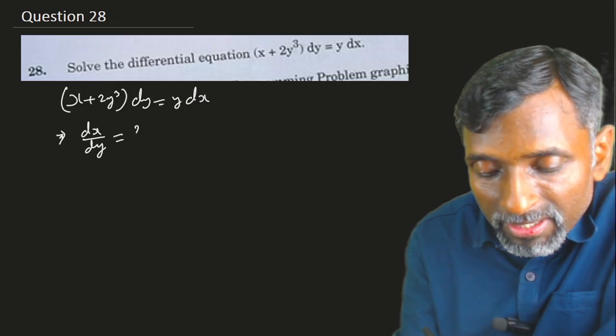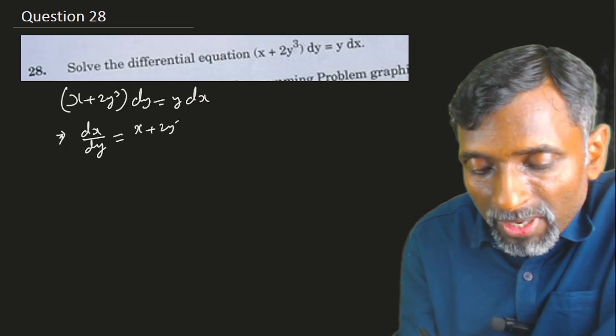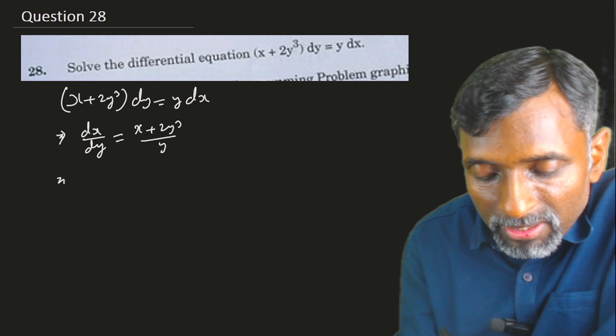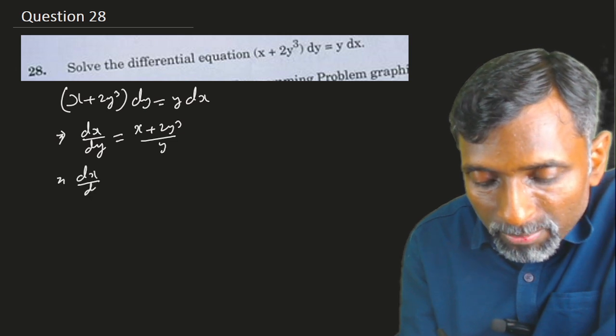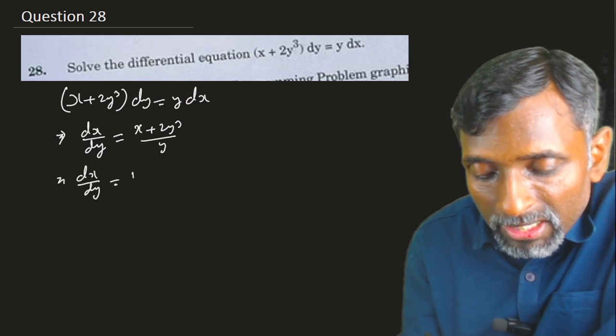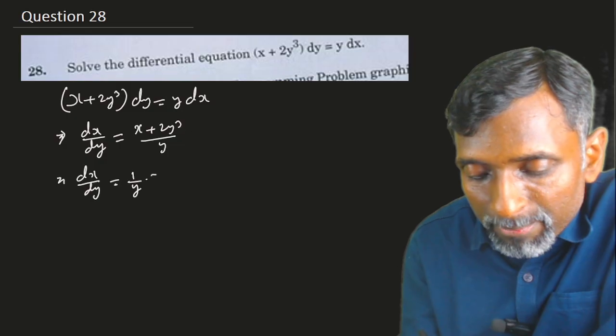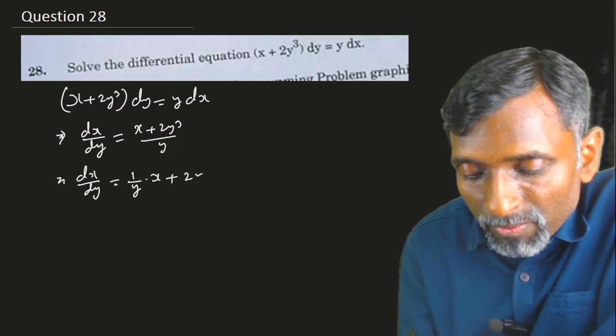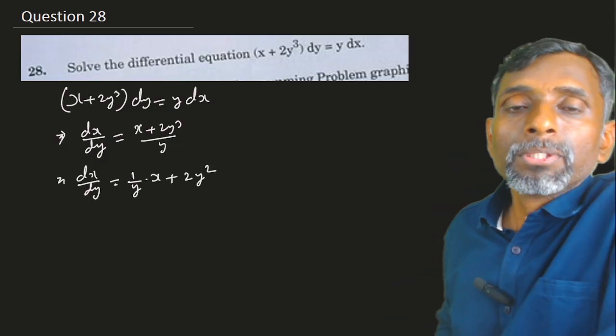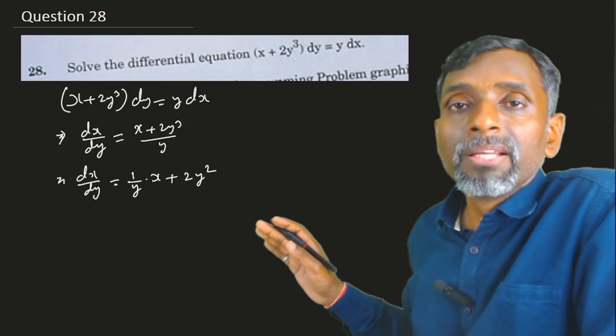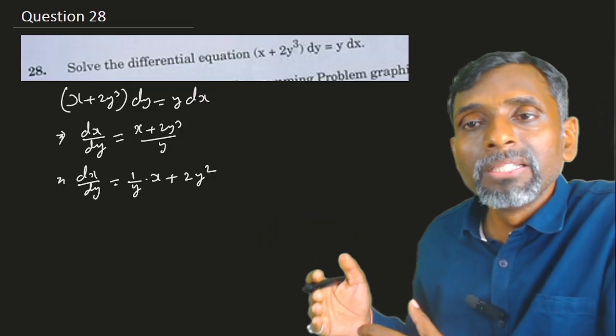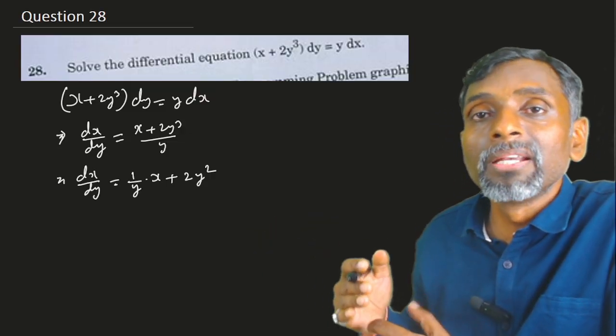So dx by dy can be written as x plus 2y³ divided by y. So dx by dy can also be written as x divided by y, which can be 1 by y multiply x plus 2y². So now we transform this given equation as the linear differential equation of the second type.